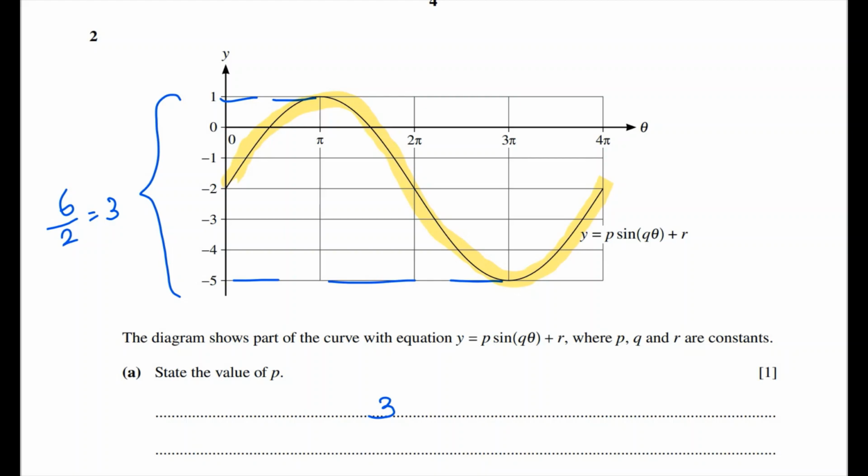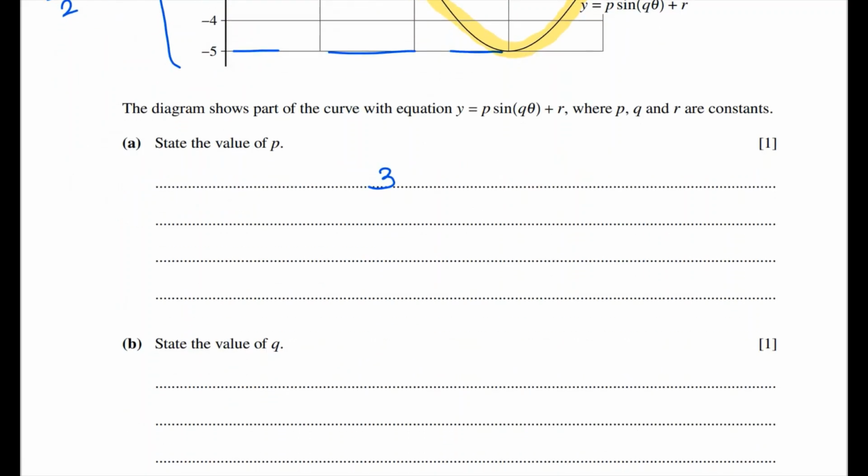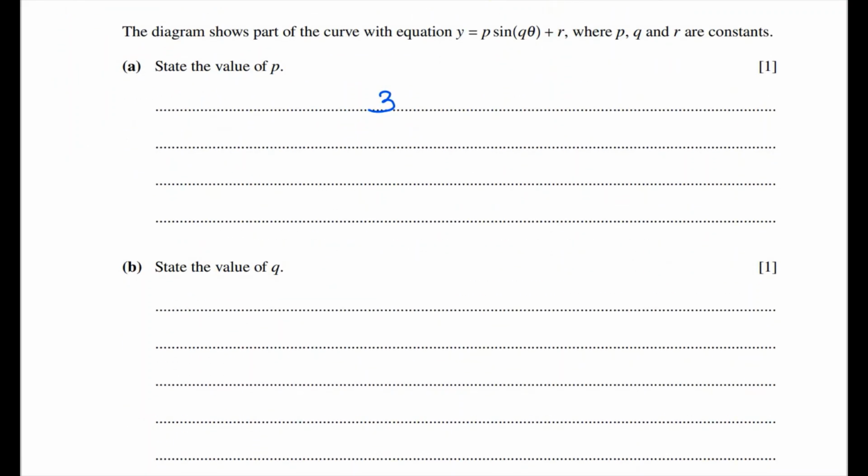In general, the sine curve goes from 0 to 2 pi, but here it goes from 0 to 4 pi. That is, it is expanded by 2. And when writing the value of q, the stretching factor is 2 and q value will be 1 over the stretching factor, which is nothing but 1 over 2. So the value of q is 1 over 2.